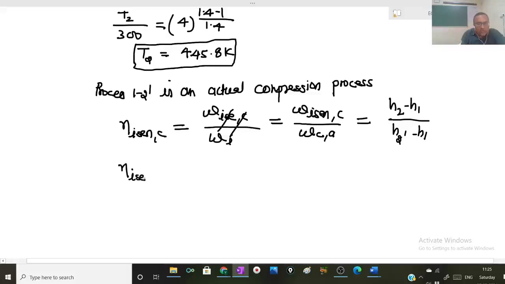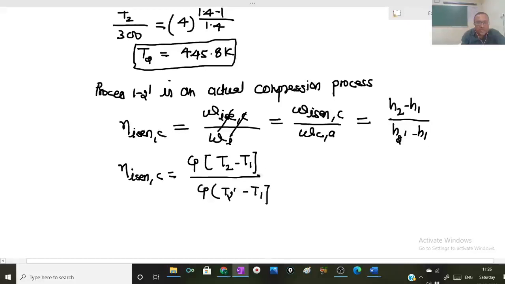Now I don't have the values of enthalpies, so I will convert it in terms of temperature: Cp into T2 minus T1 over Cp into T2 dash minus T1. Cp will get cancelled.